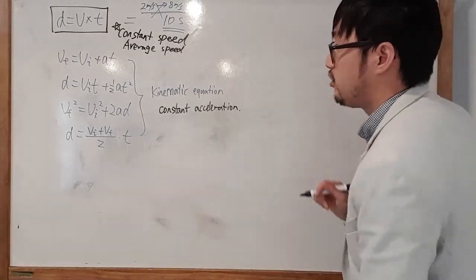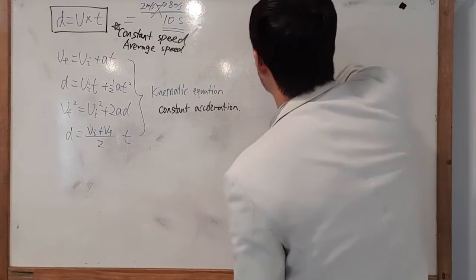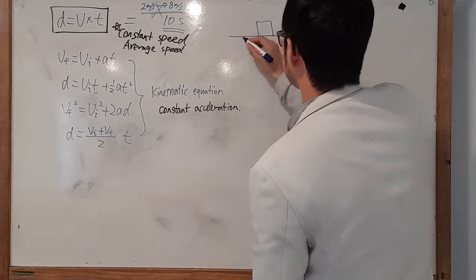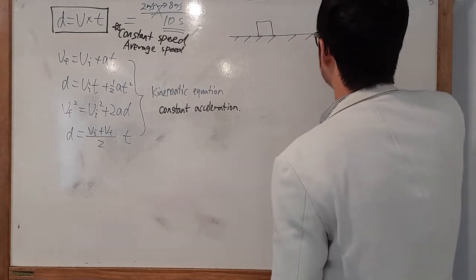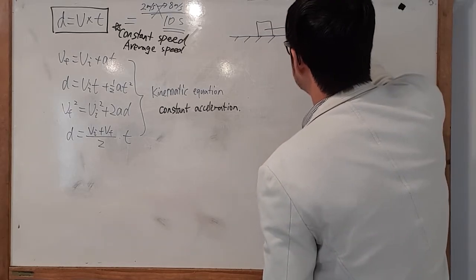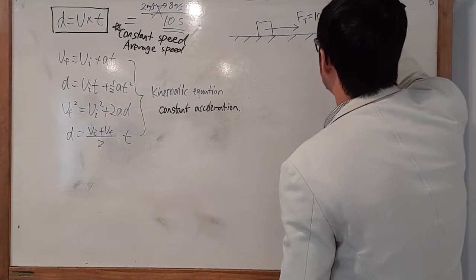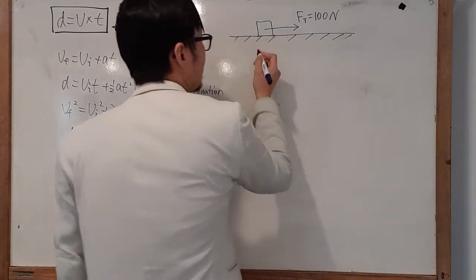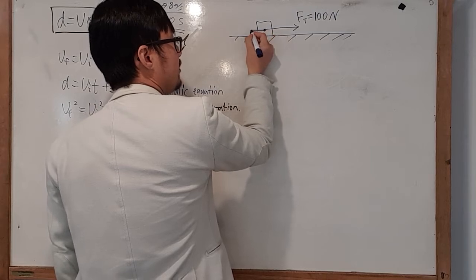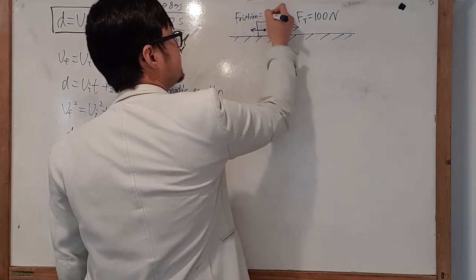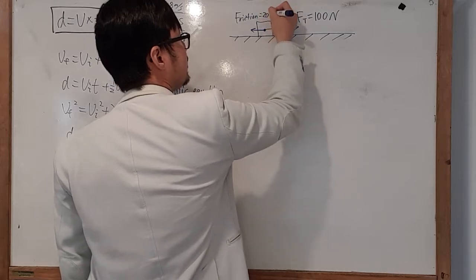Let's say I have a box here, and I'm going to push this box forward with a tension force equal to 100 Newton. I know there's going to be a friction force of 20 Newton.